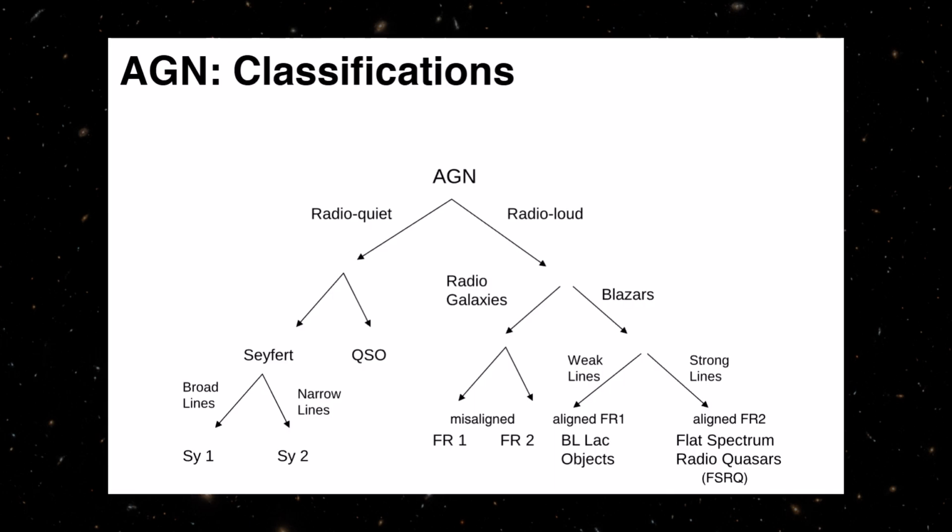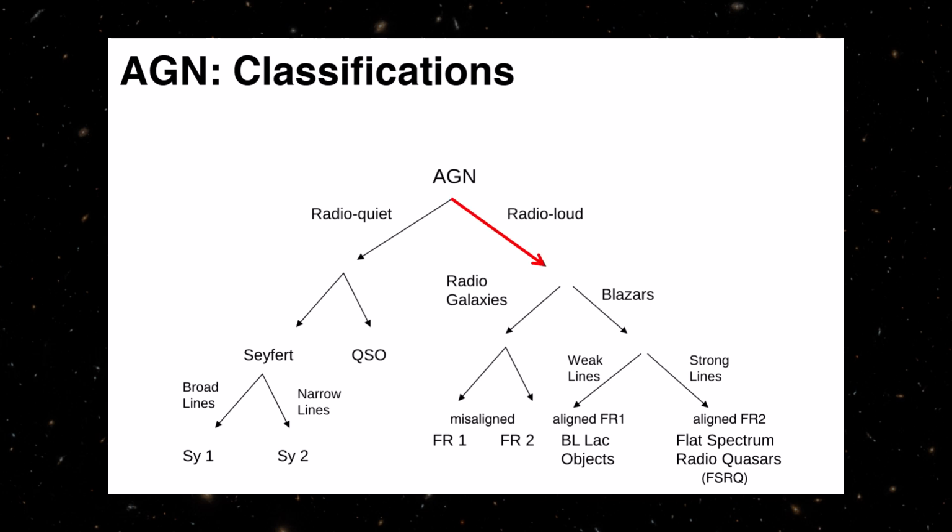So if you remember in class, we had a way to classify the AGNs, and we start right at the top. We know that M87 is a radio loud AGN because we see radio waves coming from it.